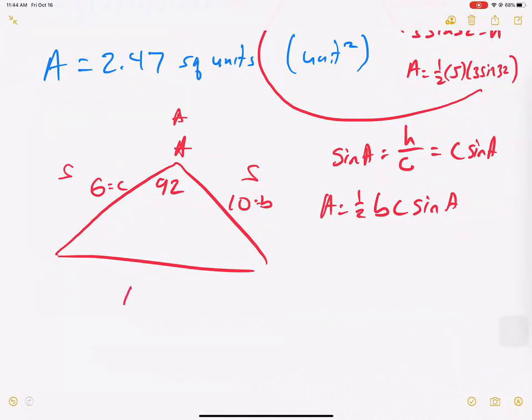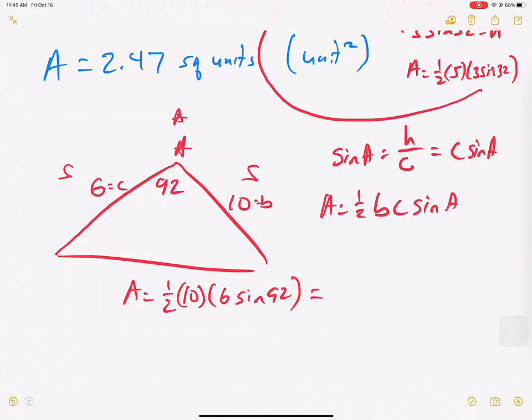So A is equal to 1/2 base 10 times height, but the height is going to be made up of this sine function, 6 sine of 92. Go ahead, tap that in your calculator. Make sure you get the same answer I do.